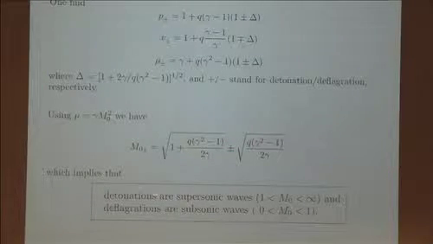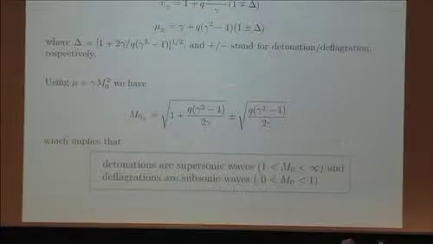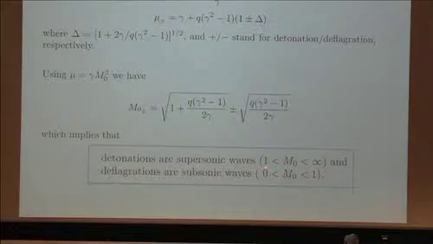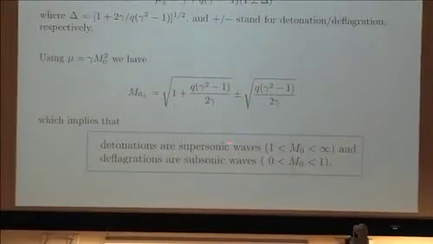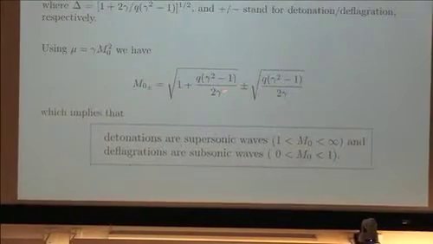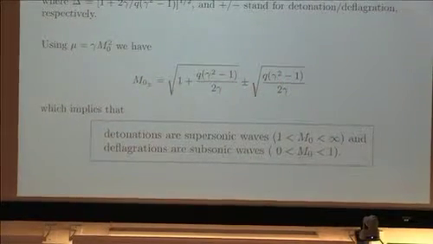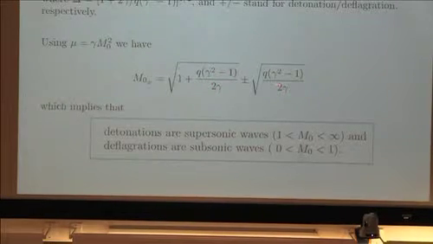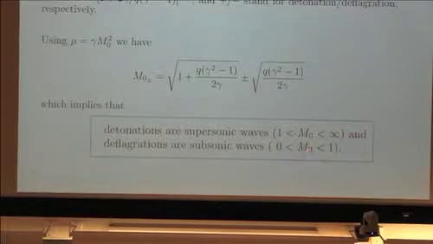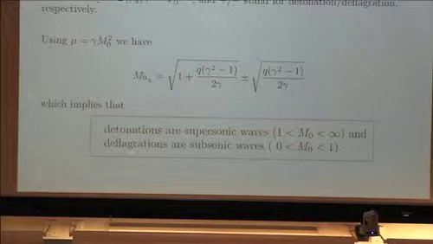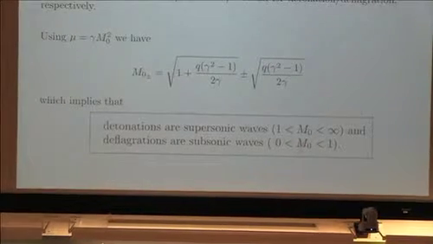Detonations are supersonic waves because M naught is clearly bigger than 1: you have 1 plus the same quantity, so it's always bigger than 1. The negative is always less than 1 because you subtract the same quantity. And so M naught for deflagration is subsonic, less than 1.